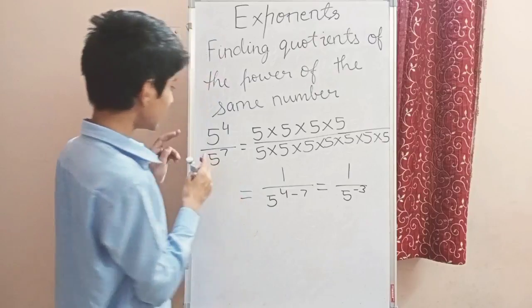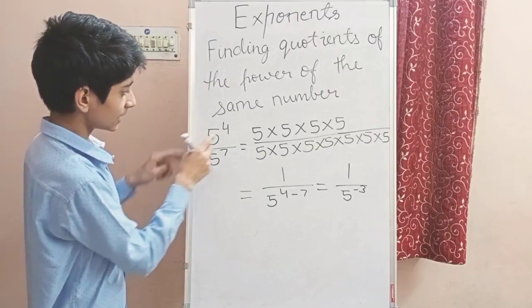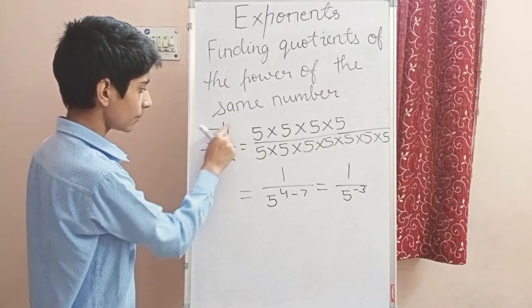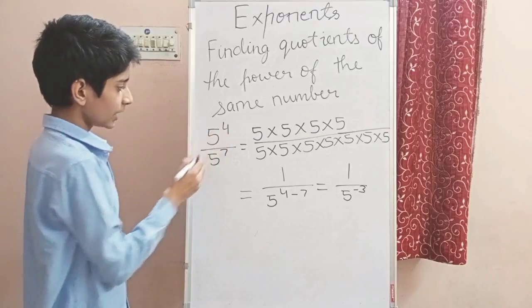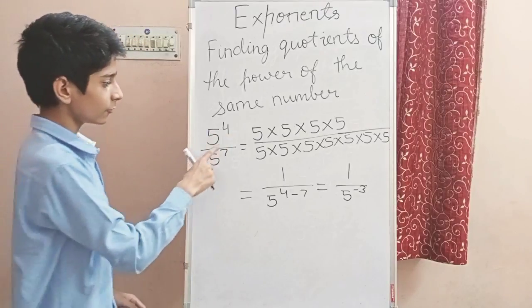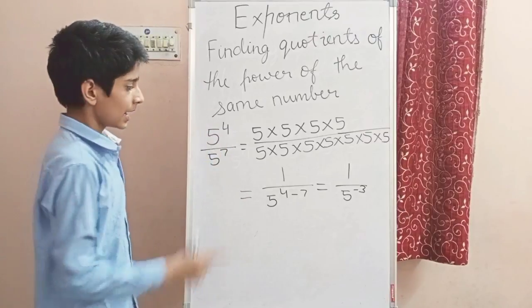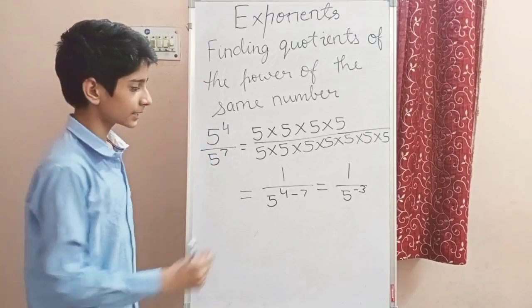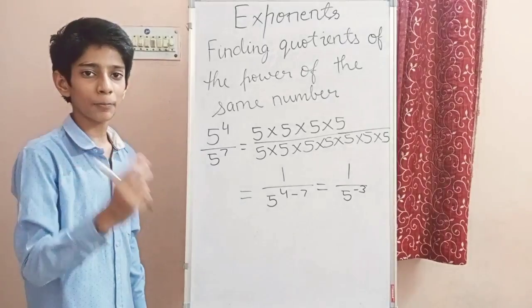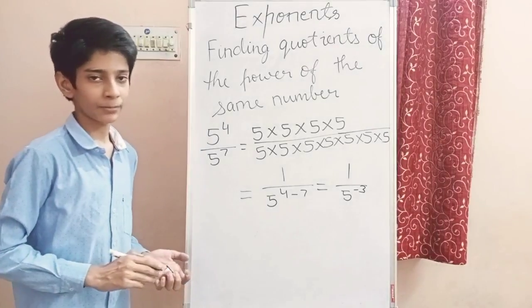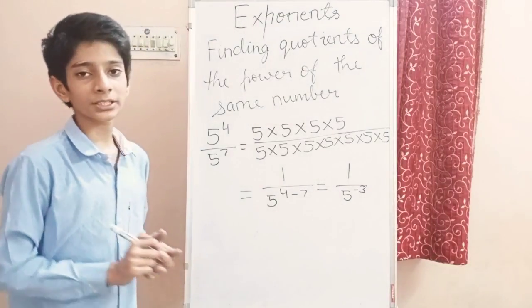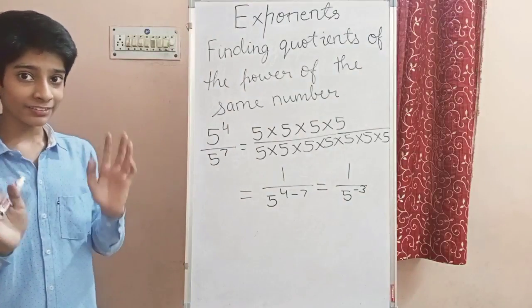Let's take it as x, m and n. So if numerator is greater, then we do m minus n. And if denominator is greater, then we do 1 upon n minus m. Okay, so now you are clear what the fourth law of exponents is.